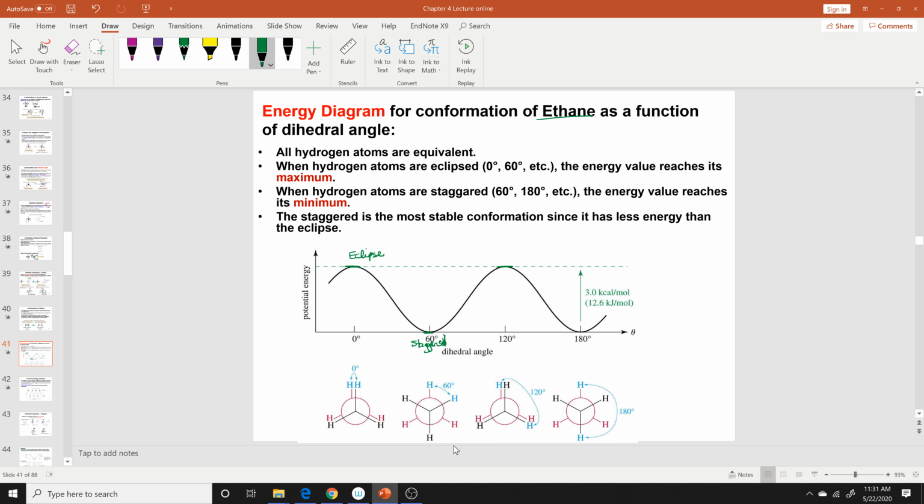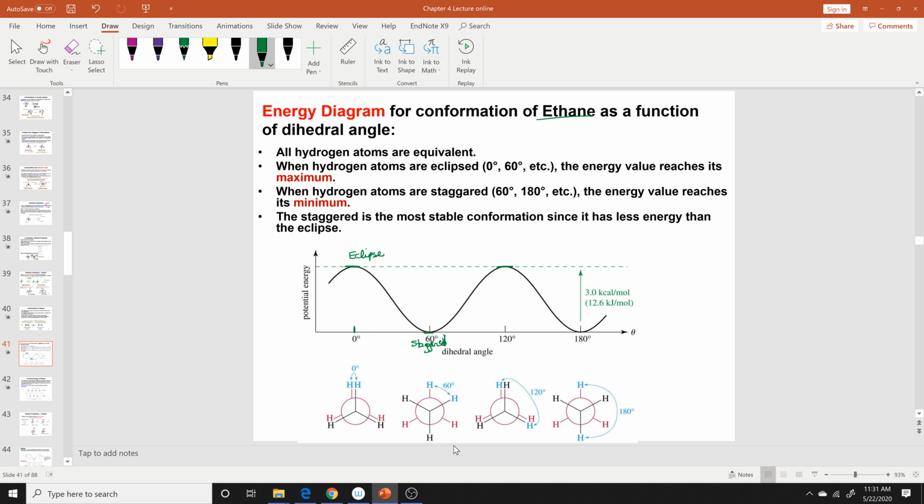I am fixing one carbon, and I am rotating 60 and seeing how the conformation changes as a result of the rotation. I started with a 0 dihedral angle, and with the 0 dihedral angle, I started with the eclipse conformation. Because I do have eclipsing of the bonds, all of these bonds align, the energy is going to be very, very high.